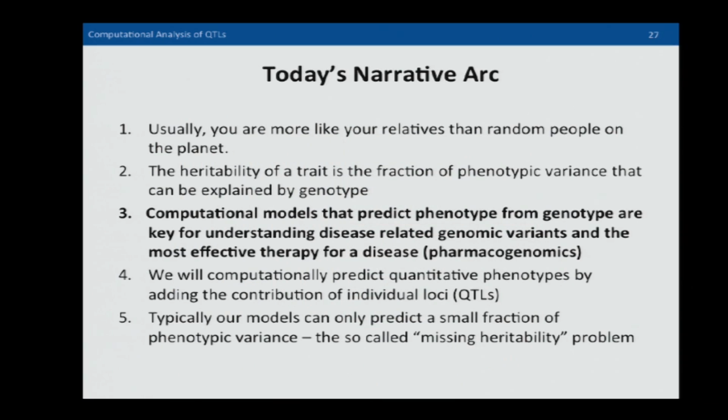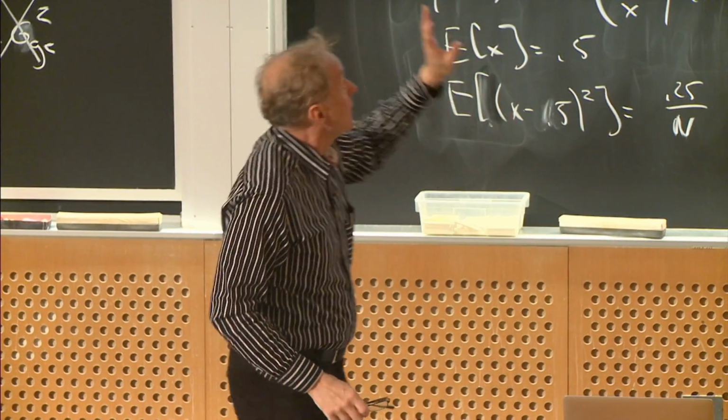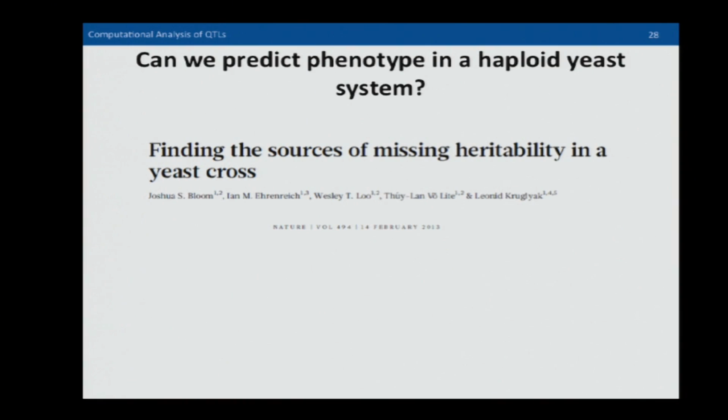Okay, so now we're going to turn to computational models and how we can discover a model that figures out where the QTLs are and then assigns that function f to them so we can predict phenotype from genotype. And we're going to be taking our example from this paper by Bloom et al., which I posted on the Stellar site, and it came out last year, and it's a wonderful study in QTL analysis.